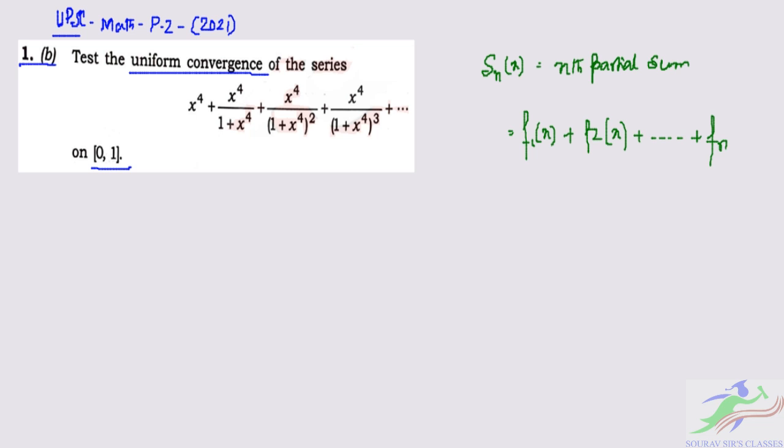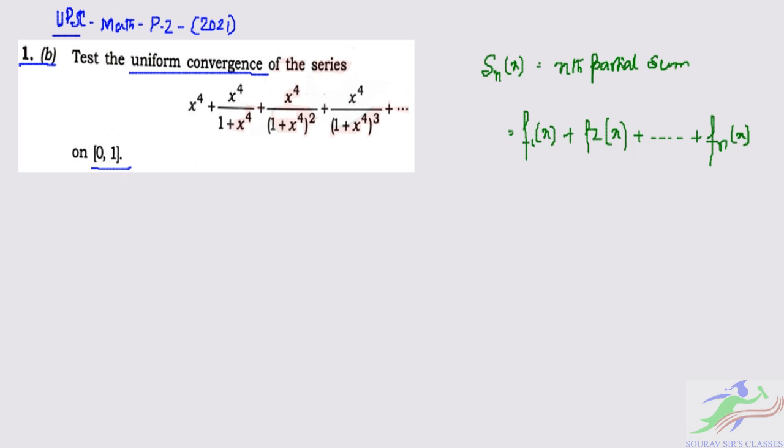So if we take Sn(x), that is the nth partial sum, it is written as f1(x) plus f2(x) plus up to fn(x).